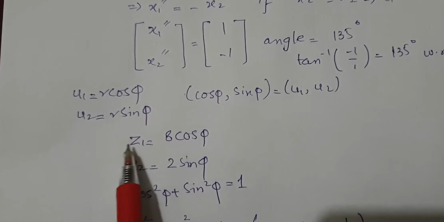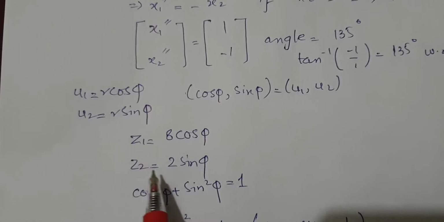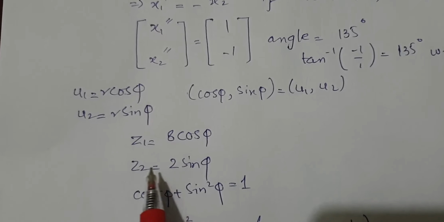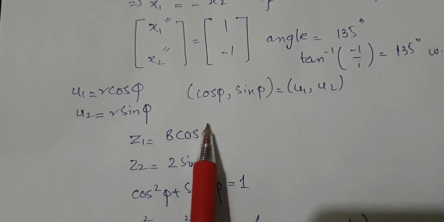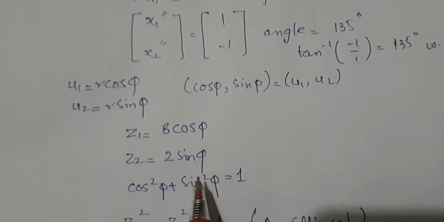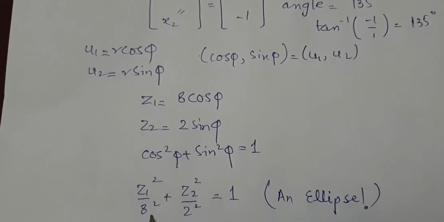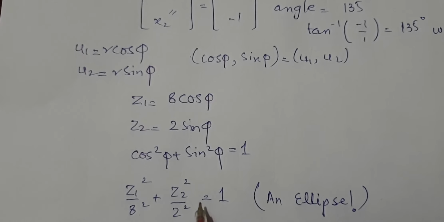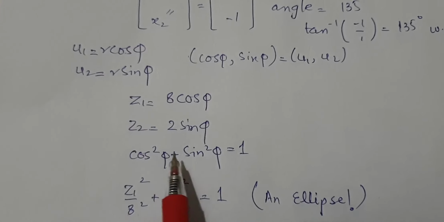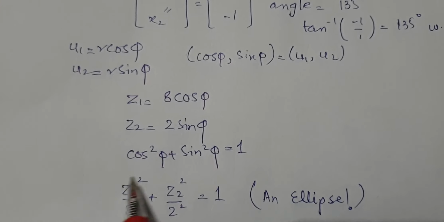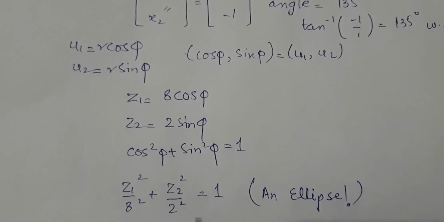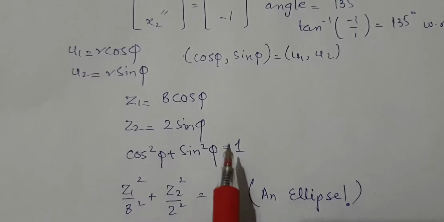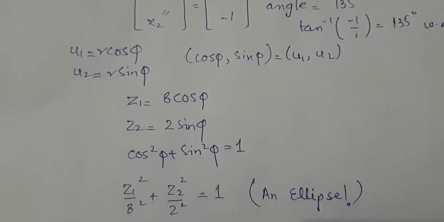So if I write z1 over 8 whole square is equal to cos square phi, and z2 over 2 whole square is equal to sin square phi, and then add these two equations, I get z1 square over 8 square plus z2 square over 2 square is equal to 1, as cos square phi plus sin square phi is equal to 1. This is the equation of an ellipse. So finally we have determined the shape: the circle was transformed into an ellipse after applying the stretch.